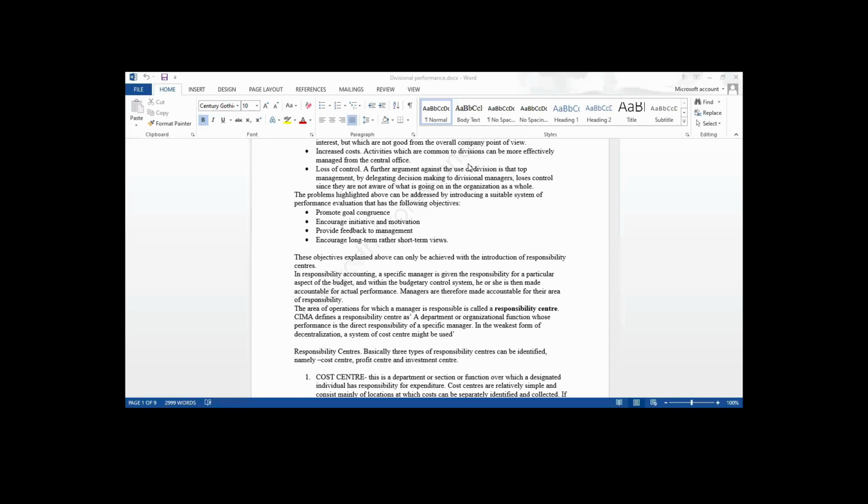Please note also, this topic we are discussing has a lot of relationship with the next topic, transfer pricing. Why am I making these points? When we get to the next topic, transfer pricing, the knowledge you gathered here is also required for transfer pricing.